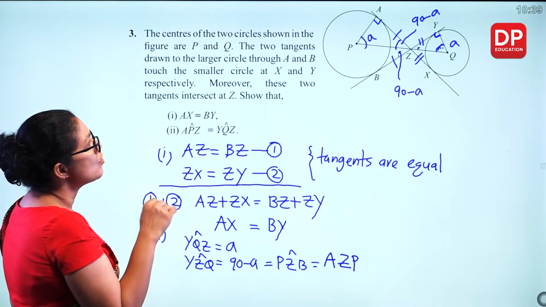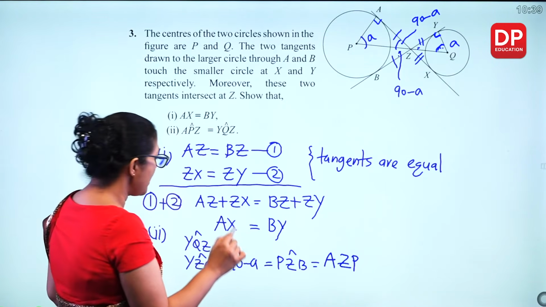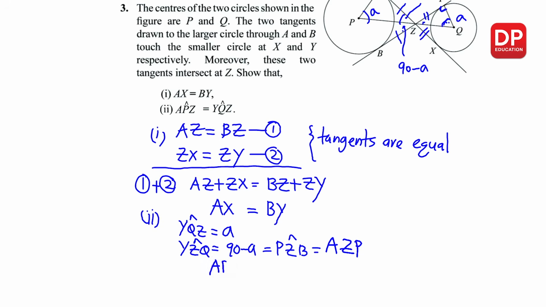Now, according to triangle APZ, what is angle APZ? Angle APZ is 90 minus 90 minus A. 90 gets cancelled out, you get A. So you are getting the same as angle YQZ.